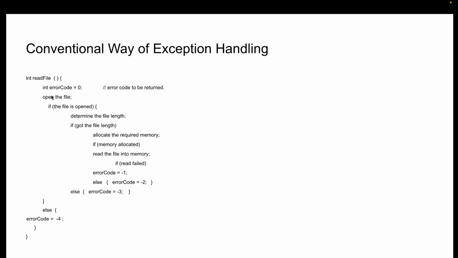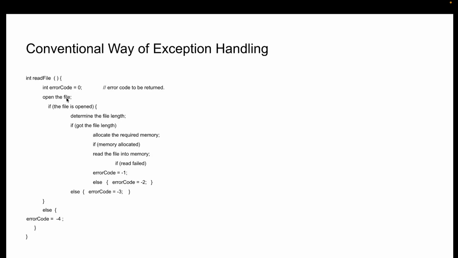What we are basically doing is having a variable errorCode, and initially we initialize it with a value of 0. We'll update this variable as we go through the program. We are opening the file. For opening the file there will be some Java code, but we are not concerned with that; it is just steps for how we can perform the operation.